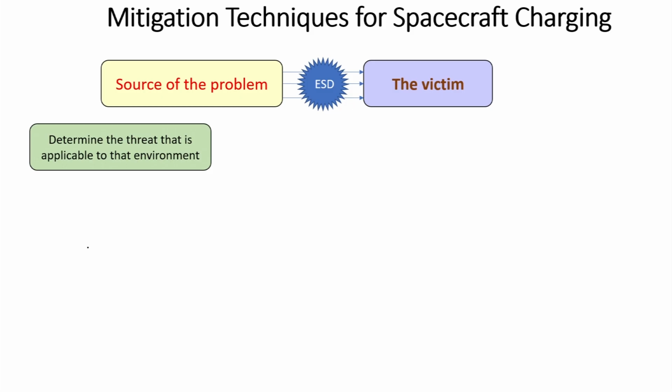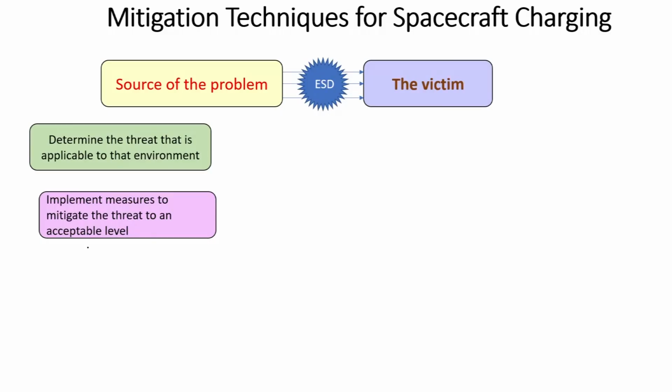So, you determine the threat that is applicable to that environment. Again, where is the satellite, whether it is a low earth orbit polar satellite, or a medium earth orbit satellite. Depending on which orbit the satellite is in, the environment will be different, and you have to consider what the risk can be.